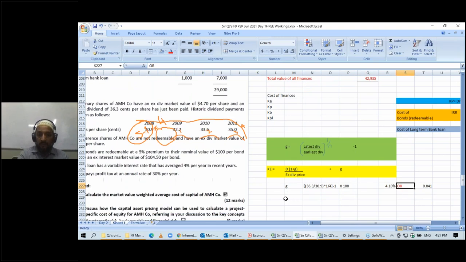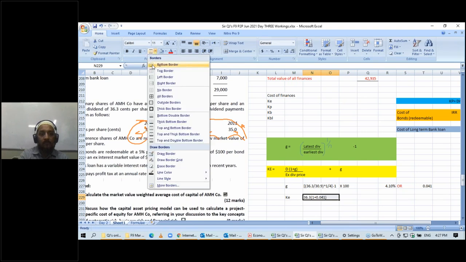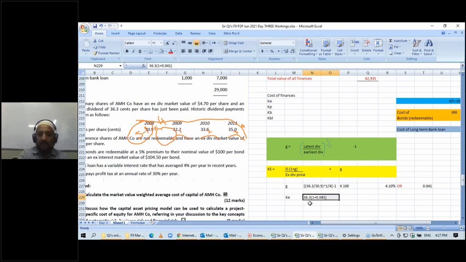And then we move on to the cost of equity formula. So the cost of equity: the latest dividend is 36.3. We'll multiply it by 1 plus 0.041 and divide it by the market price, which is 470 cents.